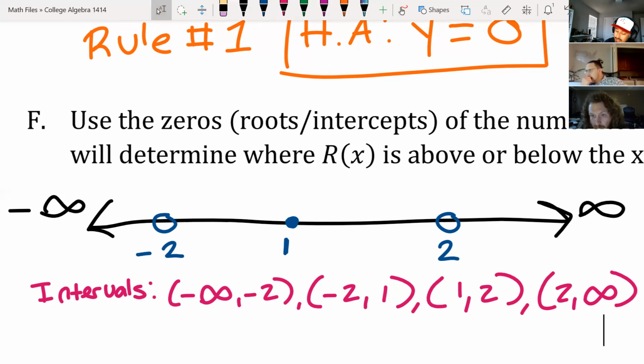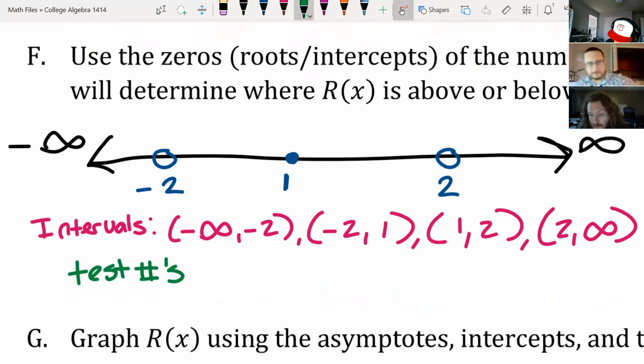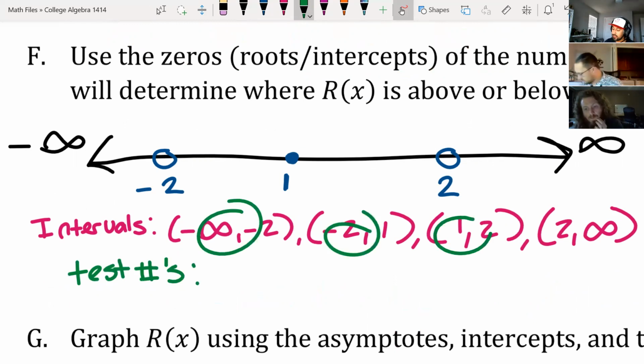Okay, so the next thing we're going to do is pick test numbers. And we're going to pick a test number in between each interval. And then we're going to take that test number and plug it into the original function.